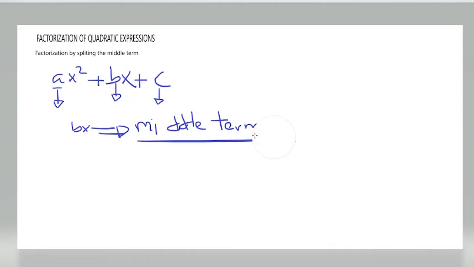Now, let me give you a simple example. Assume you have 2y squared plus 7y plus 6, and we are told to find the factors of this quadratic expression, or you can be asked to factorize.